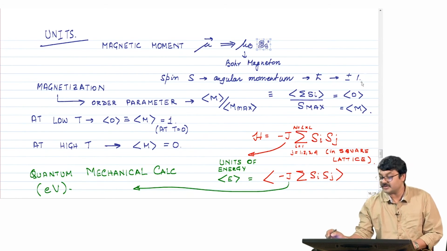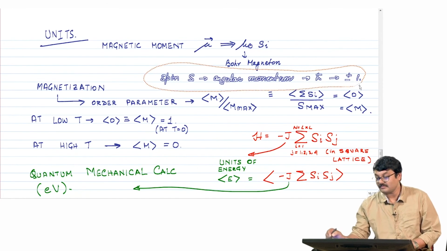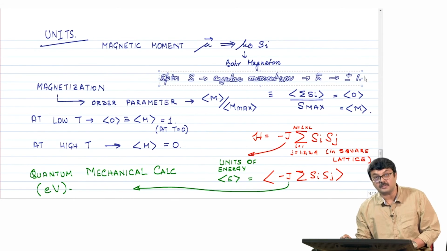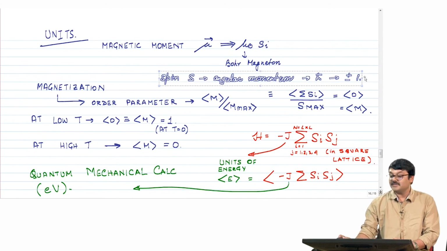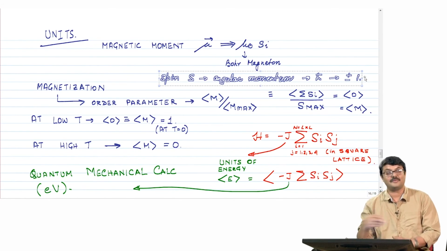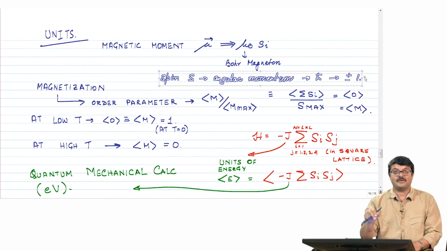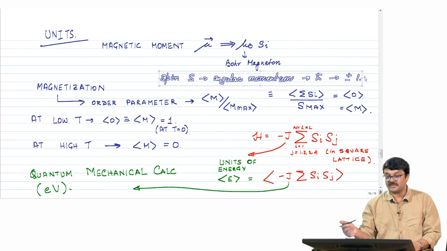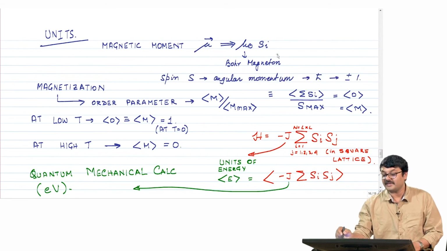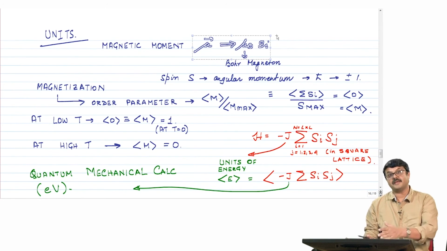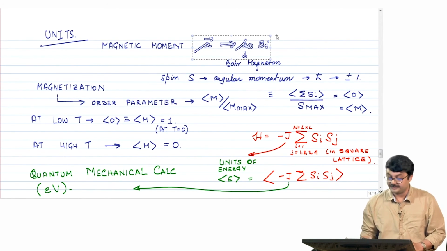But actually the spin of an atom, say, is measured in units of angular momentum, h cross, right. So, when we say that the spin is plus 1 or minus 1, we are basically setting h cross equal to 1. After we calculate the magnetization, we have to put back the units of spin, which is in h cross, and from the spin we can go to the magnetic moment by multiplying suitably by the Bohr magneton.